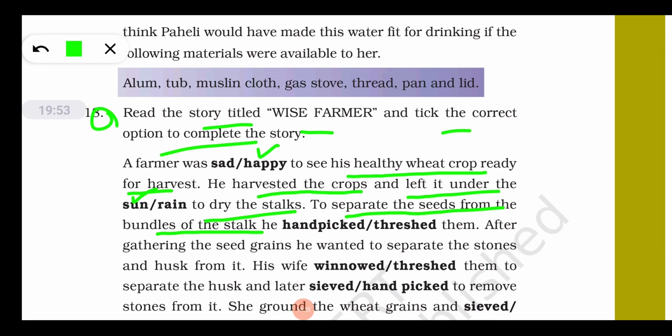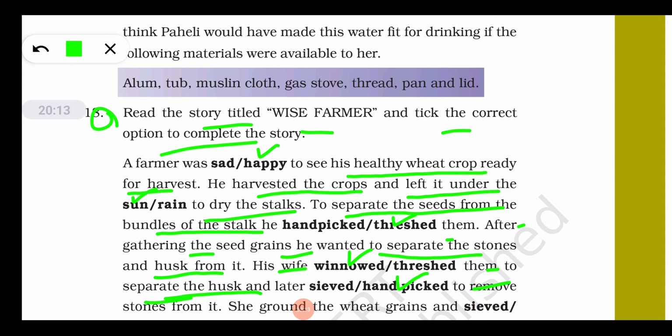Okay, so he thrashed them, and after gathering the seed grains he wanted to separate the stone and husk from it, and his wife winnowed them to separate the husk and later hand-picked to remove the stones from it.